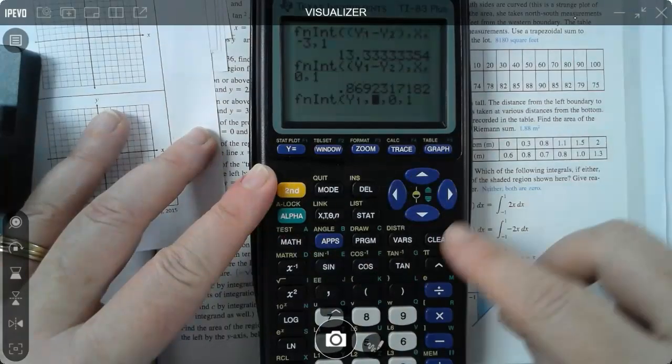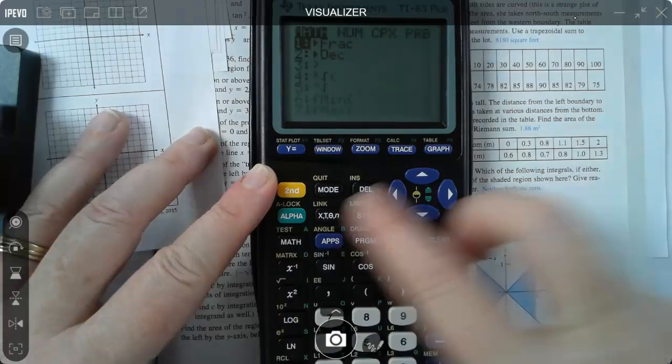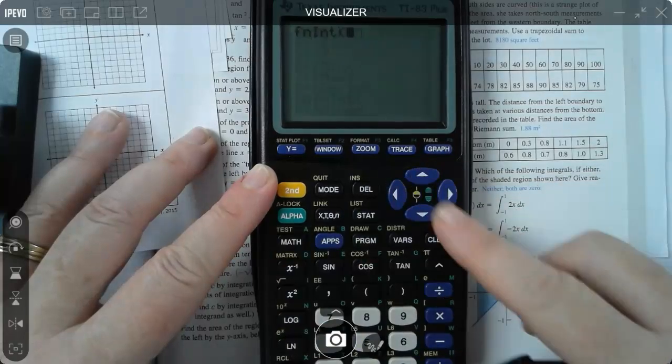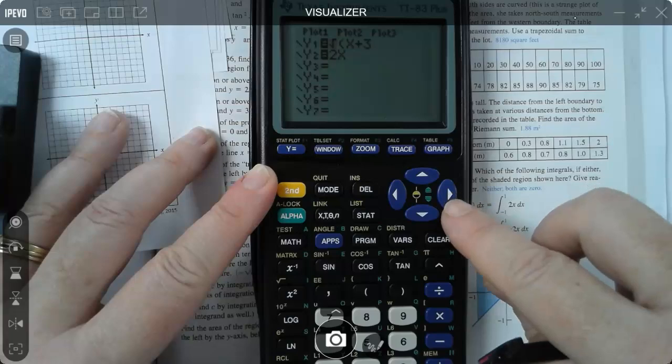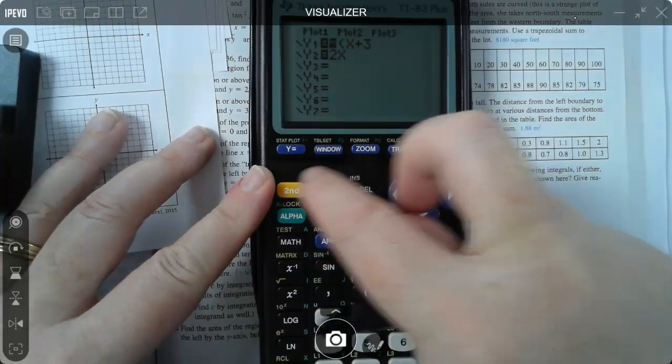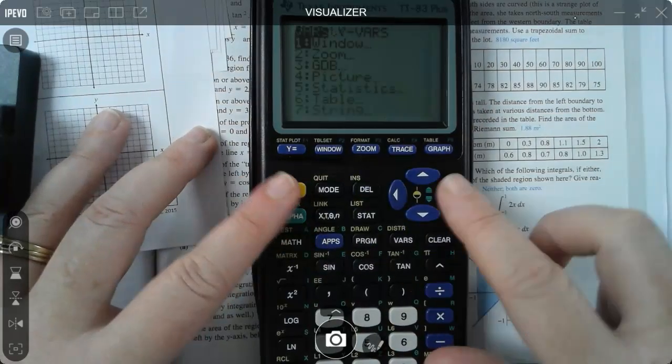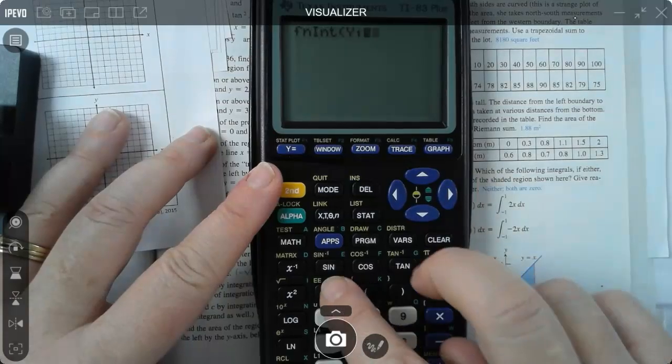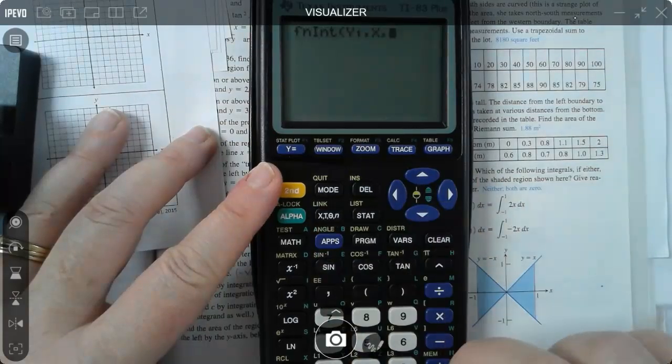So instead, I'm going to come in. I'll do math. y1 is my square root one. So I'm going to do the integral of y1 with respect to x from -3 to 0. There's my first part.